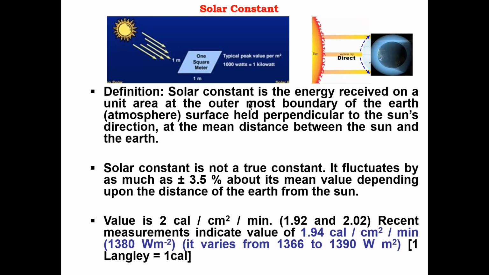This is the value of the solar constant, meaning the energy received in a unit area at the outer surface of the atmosphere, not the Earth. It is called the solar constant.